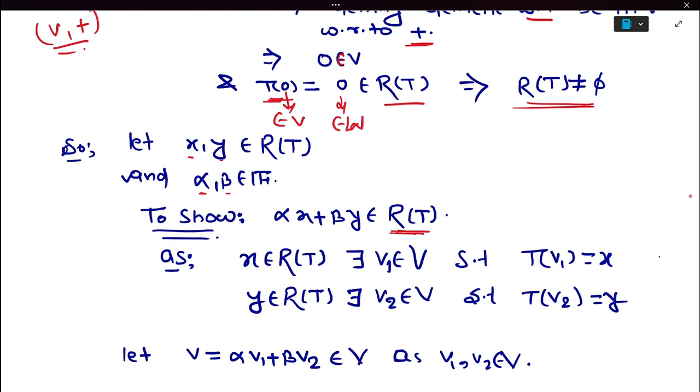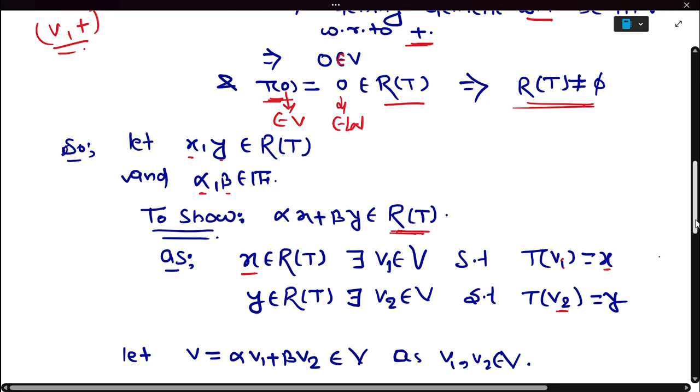Now, as x belongs to the range space, what does that mean? It means there is an element in V such that its image is x, because the range space is the image set. So we have V1 from V such that T(V1) is x, and V2 from capital V such that T(V2) is y.